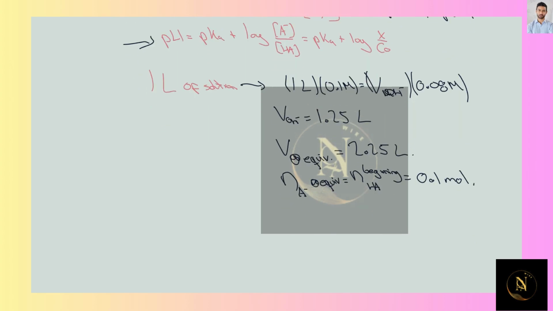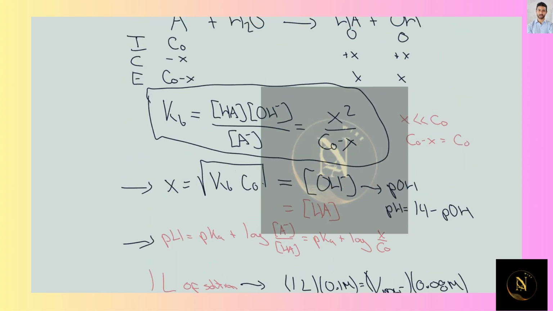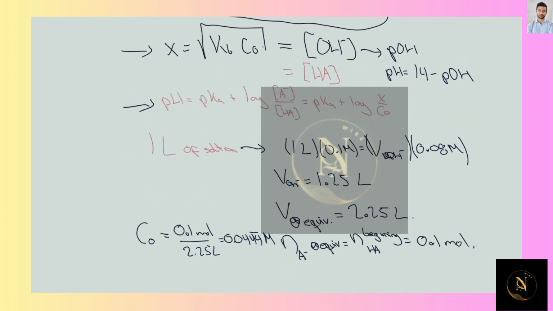So with this information, the value for C0 at the equivalence point of A minus is going to be 0.1 mole divided by 2.25 liters, giving us a concentration of 0.044 molar. Okay, so with this we can proceed and do the calculations.